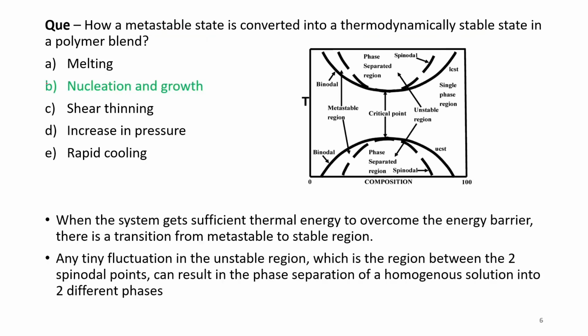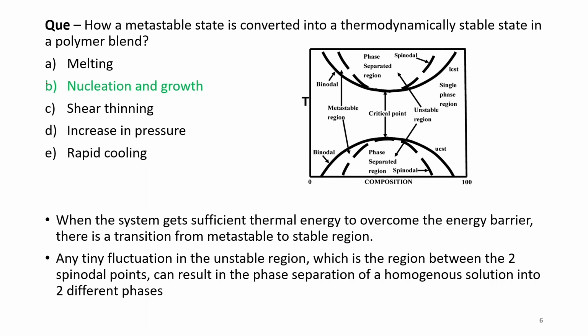What happens actually is, when the system undergoes rapid heating or cooling, it does not get enough time to go into a stable thermodynamically equilibrium state. So it goes into the metastable state, and after that when the system gets sufficient thermal energy, it overcomes the energy barrier and goes into a stable state.